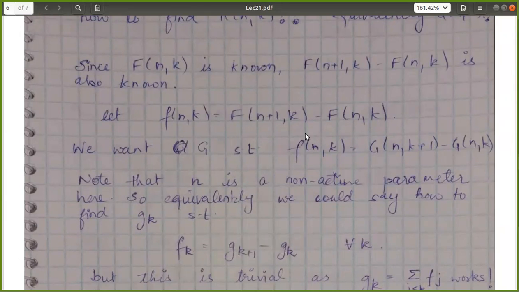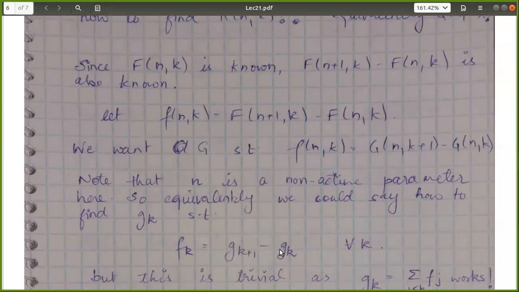This is nothing but this f of n,k, which is this difference. And this difference we know because we know F of n,k. So what we're really saying is, can we find a function g depending on k such that f of k is g of k plus 1 minus g of k, right? Just translating it as it is.